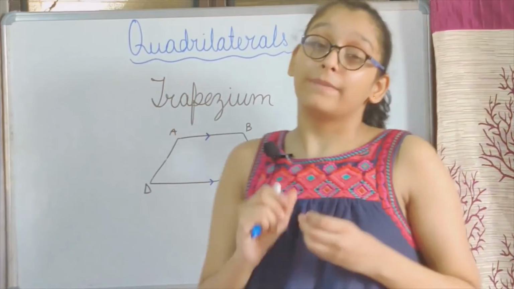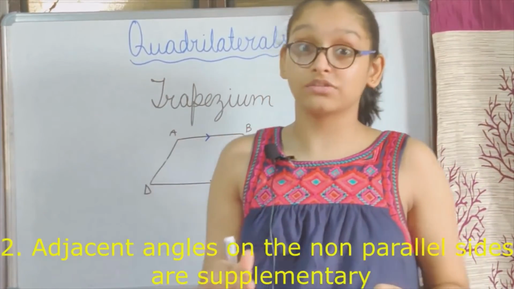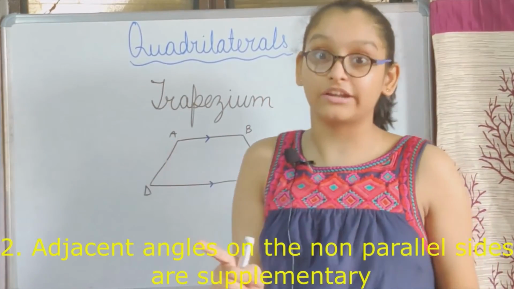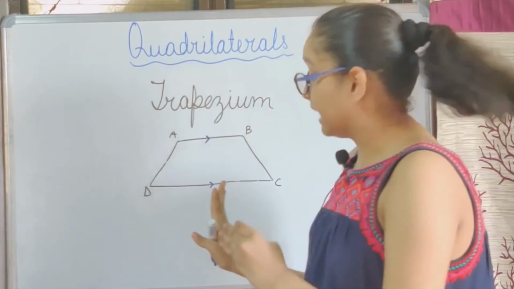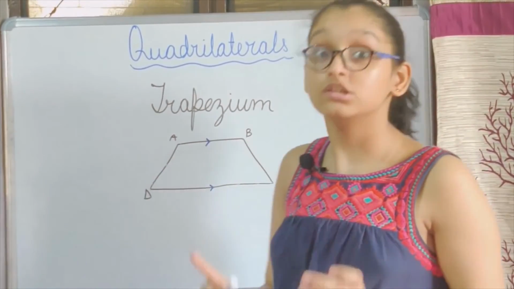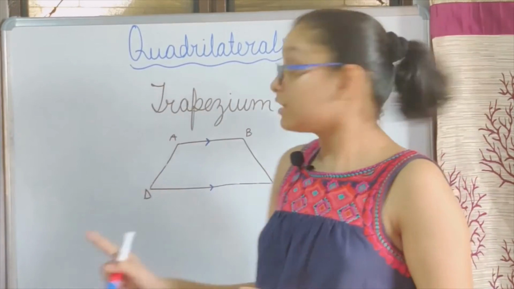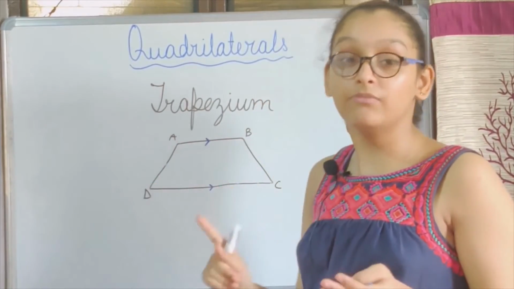The next property of trapezium is that adjacent angles on the non-parallel sides of a trapezium are supplementary. In this case, AD and BC are non-parallel sides. So, if we add angle A and angle D, the sum would be 180 degrees.